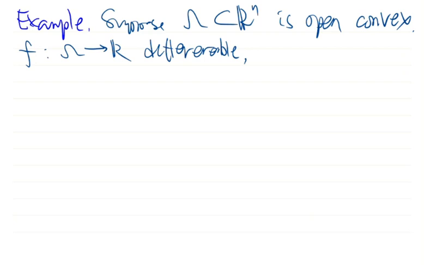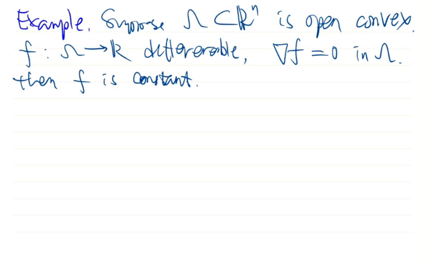Because it is differentiable, the gradient is defined everywhere. Now we assume that the gradient is 0 in omega. Then f is constant.